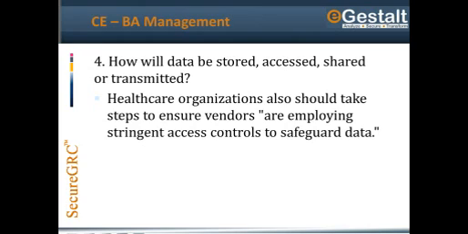Not only does the covered entity need to ensure that they are doing it internally, they also need to ask these questions of the external BAs and vendors that they work with to ensure that PHI data is secured end-to-end.